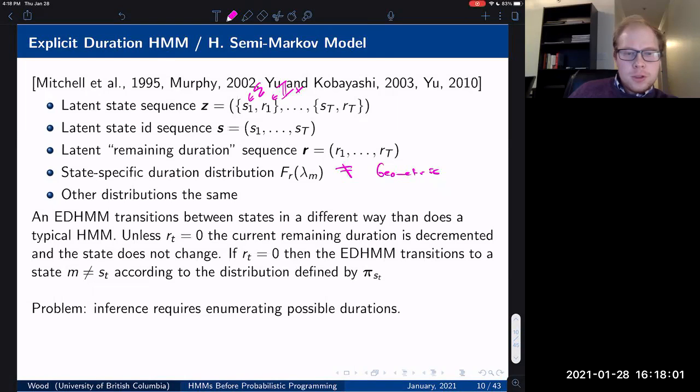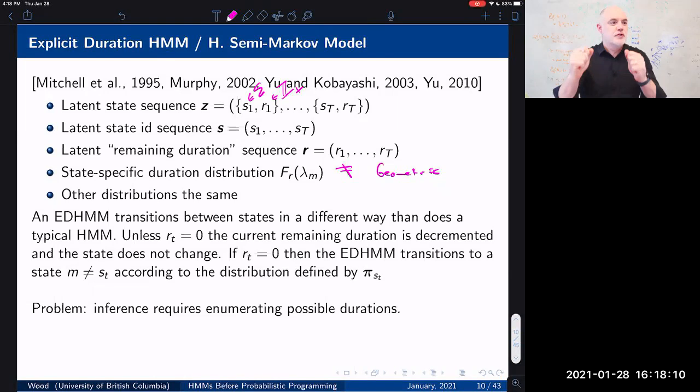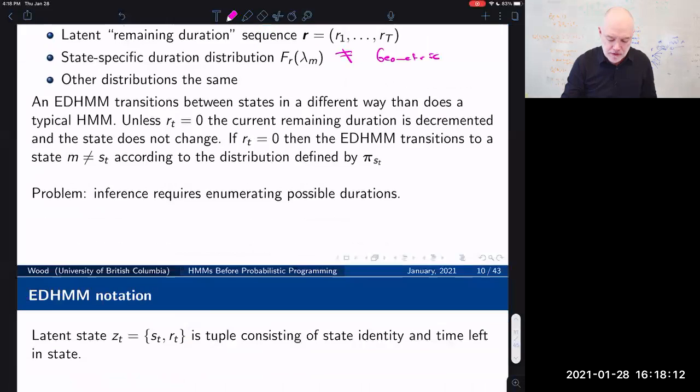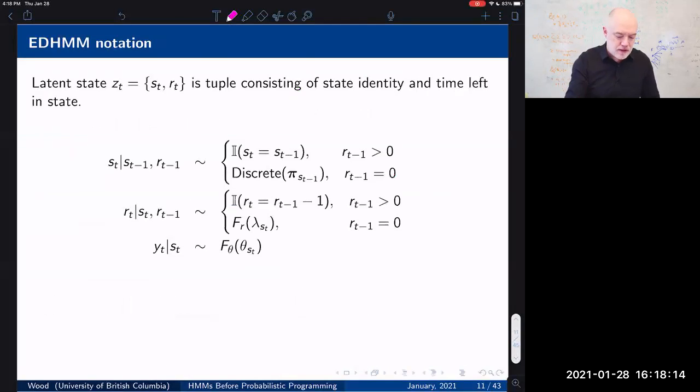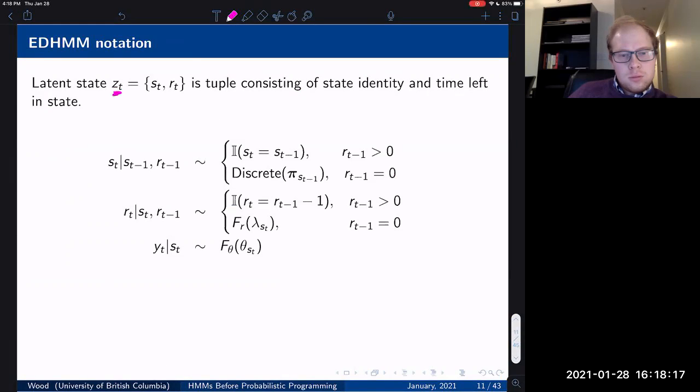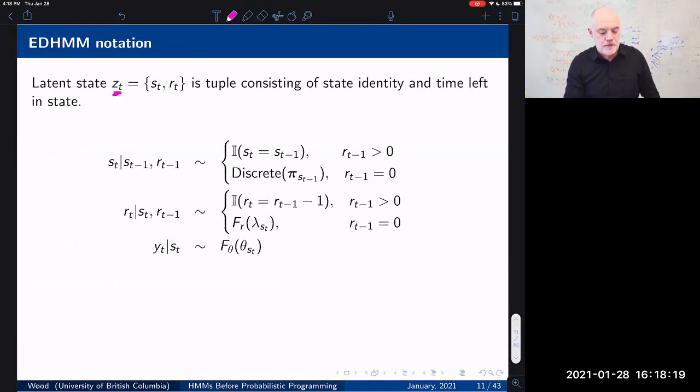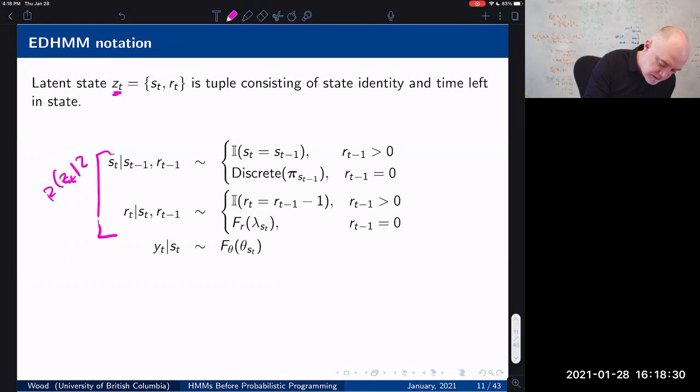Do you only sample the remaining duration time when transitioning between latent states? Yep. So when you enter a new state, you also pick how long you're going to stay in it. This is specifically the transition distribution here. We have a latent state that is a tuple consisting of state identity and time left in state, and this tells you P of Zt given Zt minus 1.